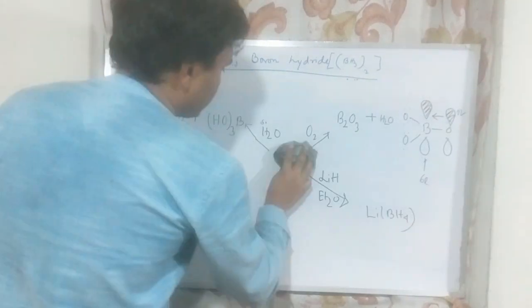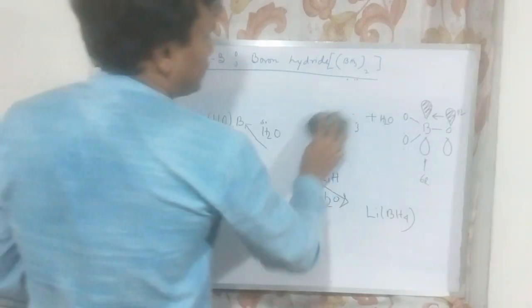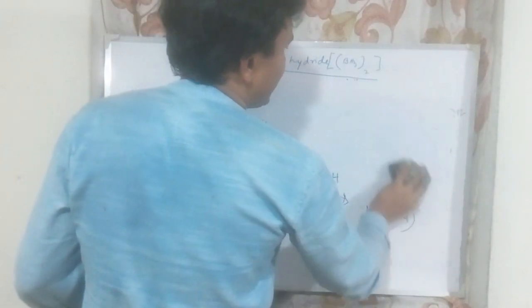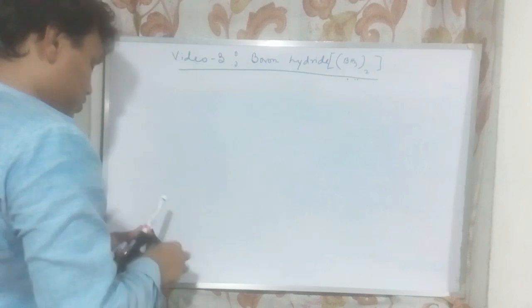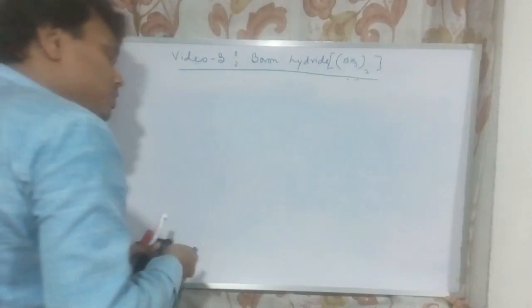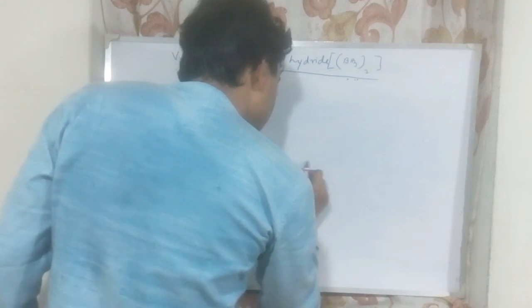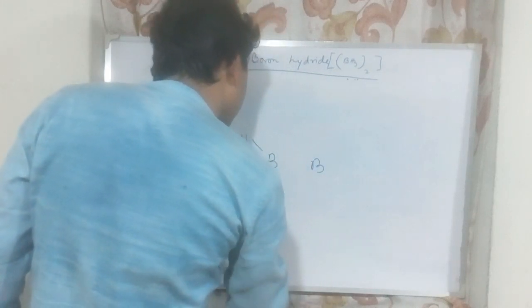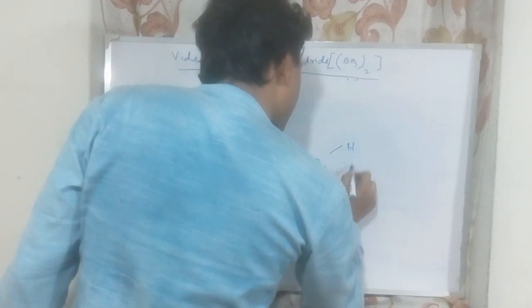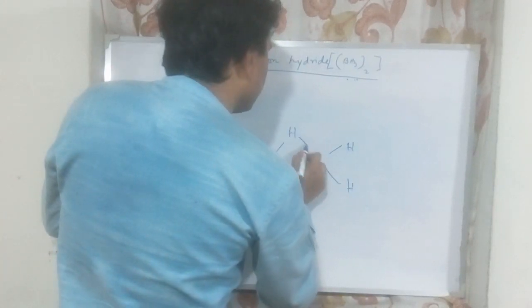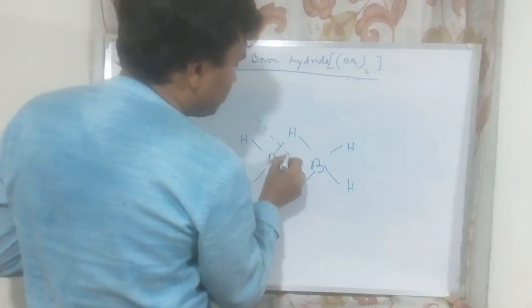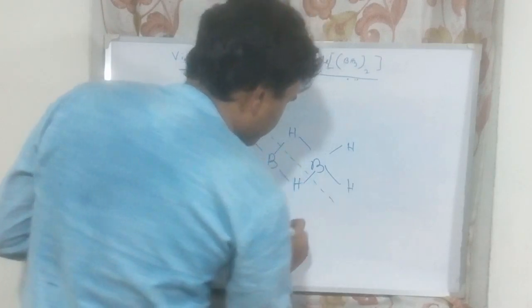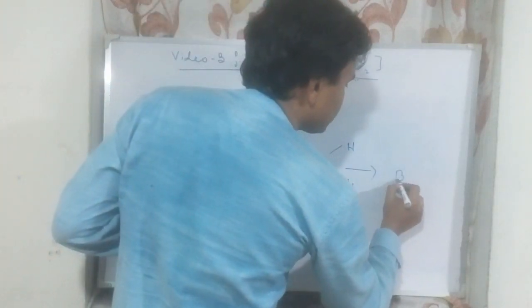So let's discuss some unique properties of this B2H6 and the role and importance of the weak boron-hydrogen bond. From the previous drawing of the structure of B2H6, we have observed that B2H6 contains 4 2-center 2-electron bonds and 2 3-center 2-electron bonds, and these bonds are weak, so they could be broken easily to form the BH3 molecule.